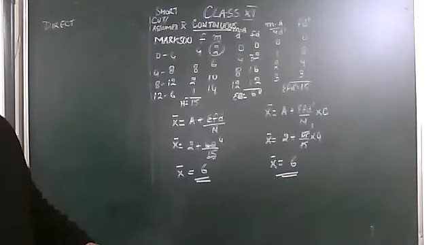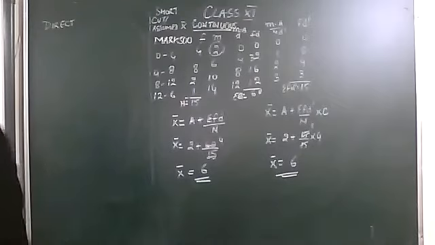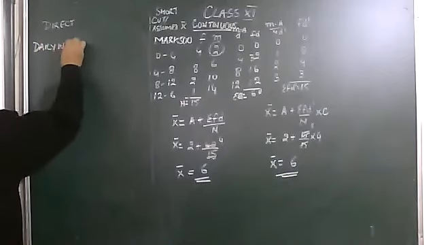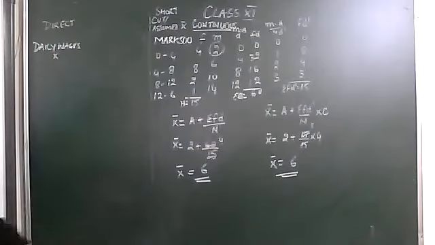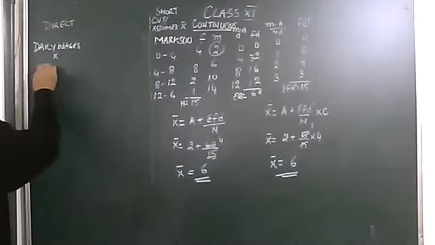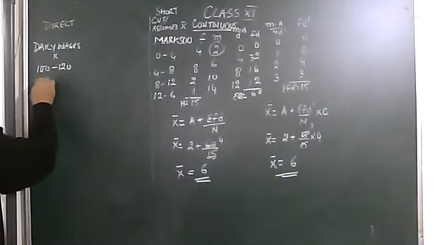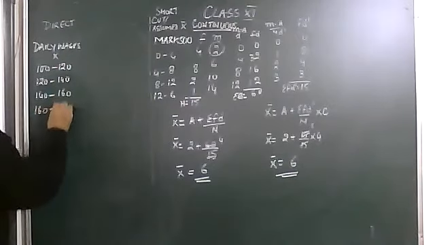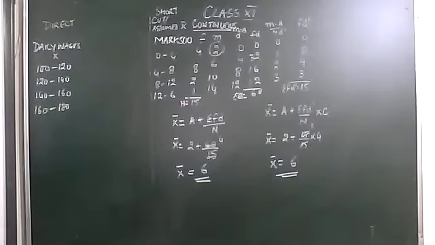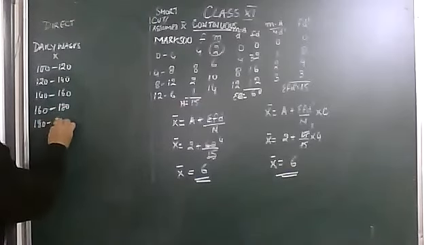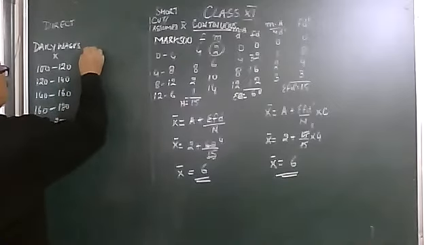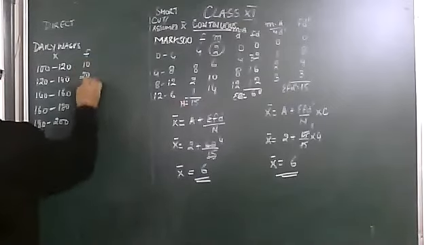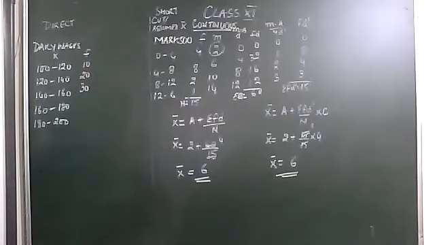So calculate the mean from the following data. The data is given: daily wages, which is X, given as 100 to 120, 120 to 140, 140 to 160, 160 to 180, 180 to 200, and the frequencies given are 10, 20, 30, 50, and 5.